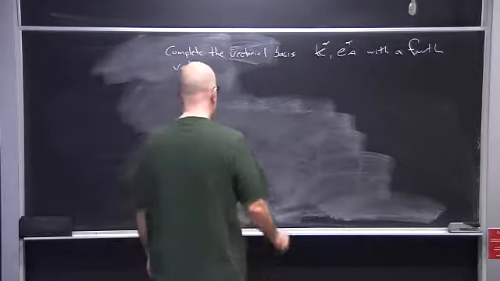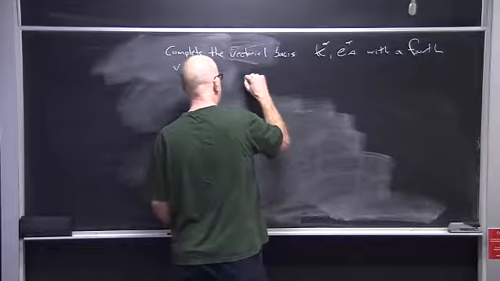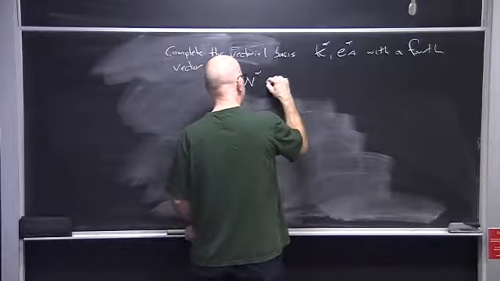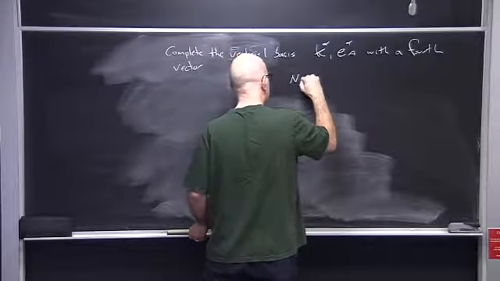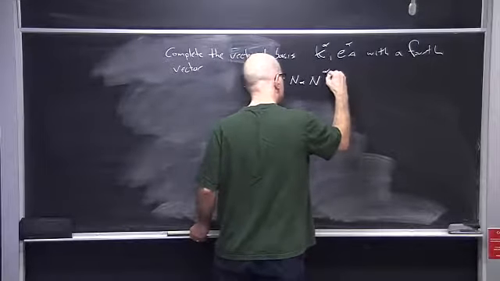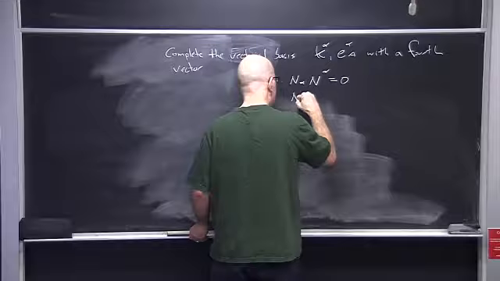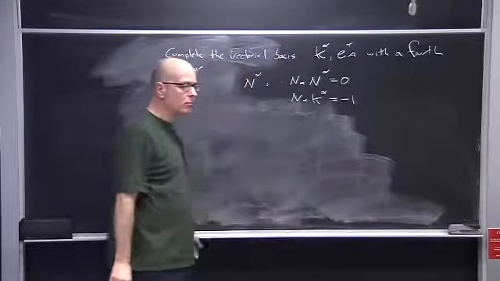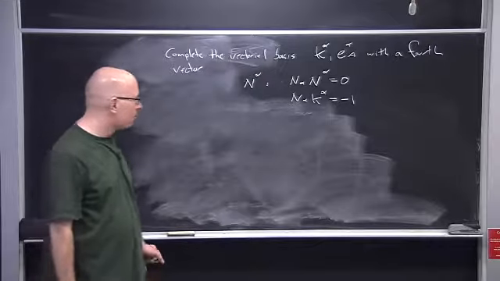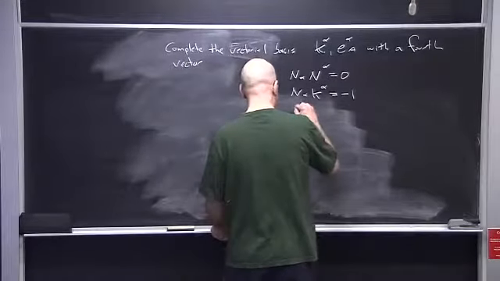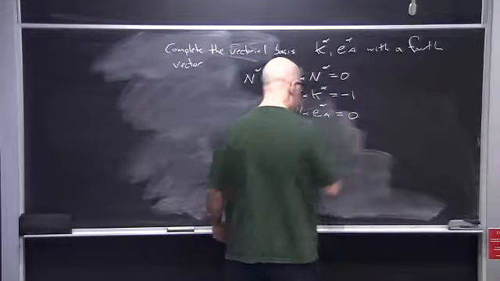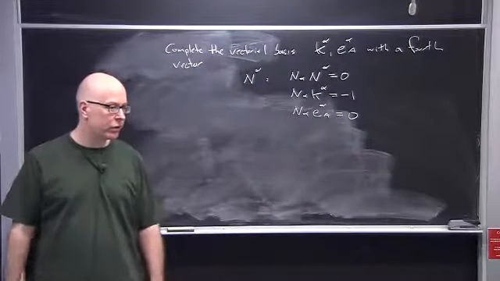So n is going to be our selected fourth member of the basis, and it's going to have the property of being null. It's going to have the property of being normalized with k in the usual way. And it will have the further property of being orthogonal to all the other vectors that are tangent to the hypersurface.